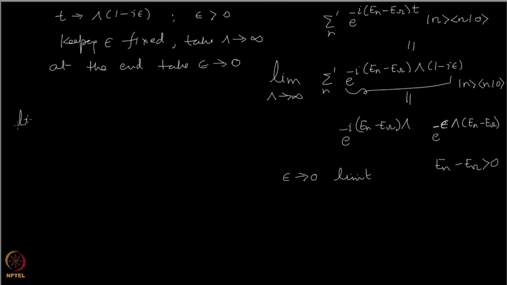The limit lambda going to infinity, followed by epsilon going to 0. That's the second thing you should do after this. And e to the minus i (H minus E_omega) lambda (1 minus i epsilon).